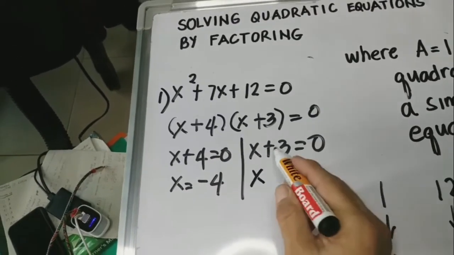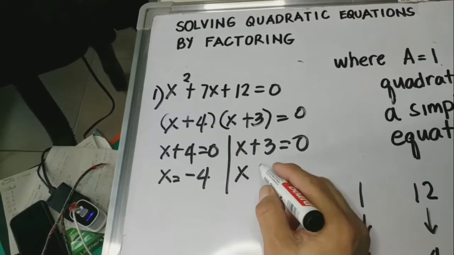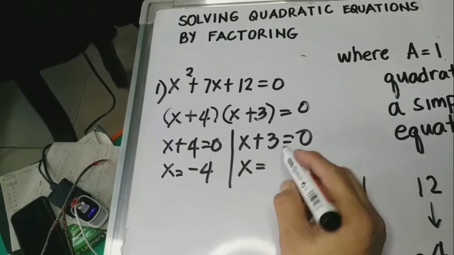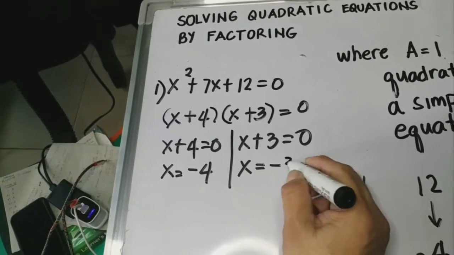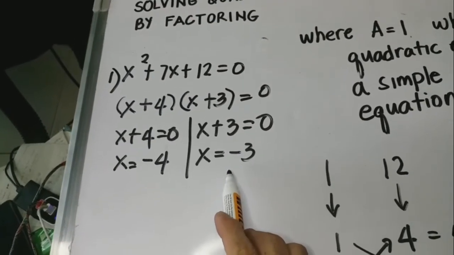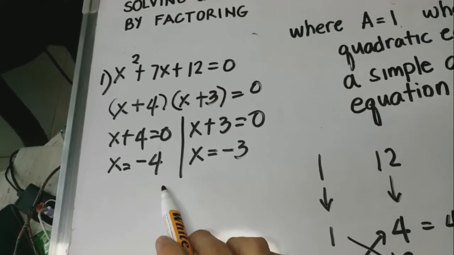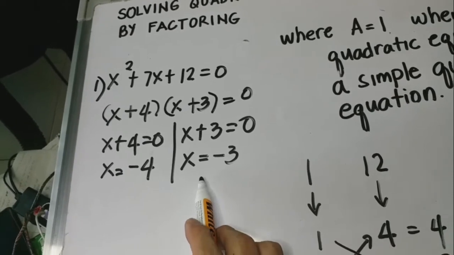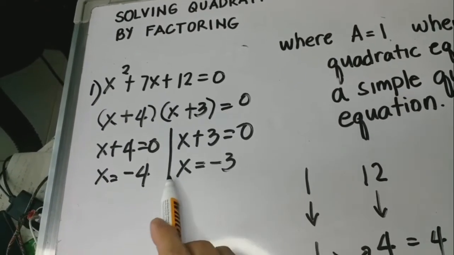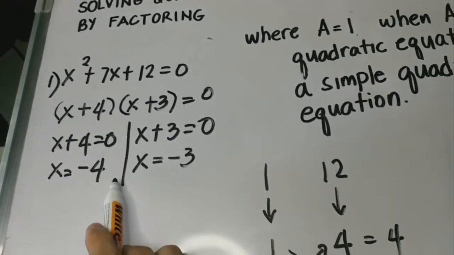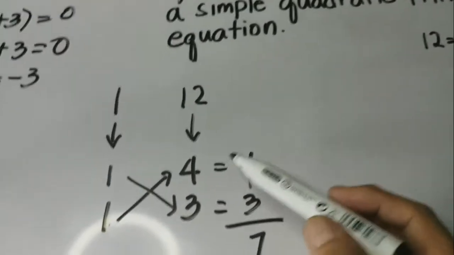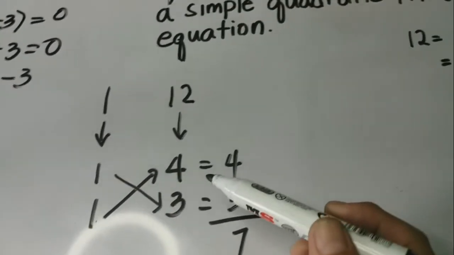X here, transferring positive 3 to the other side of the equation, positive 3 crosses the equal sign, then it becomes negative 3. So these are now the roots or the solutions of the quadratic equation x squared plus 7x plus 12 equals 0. This is another solution. We use this method in getting the factors.